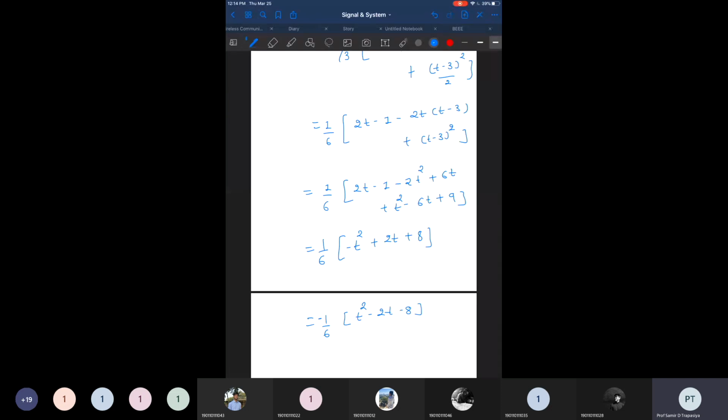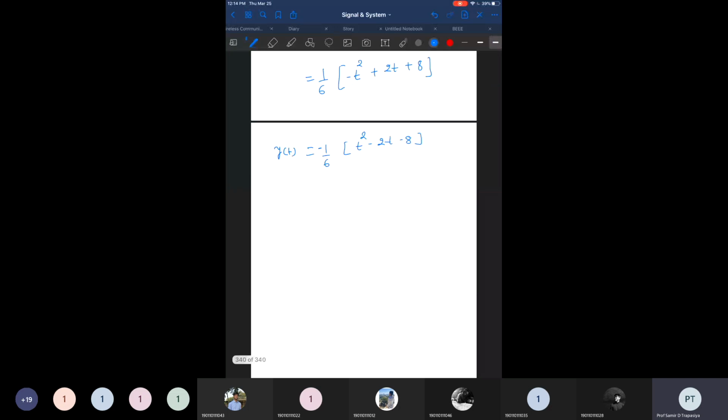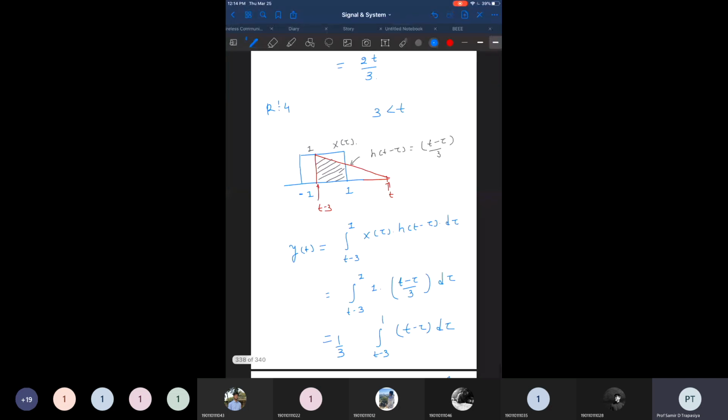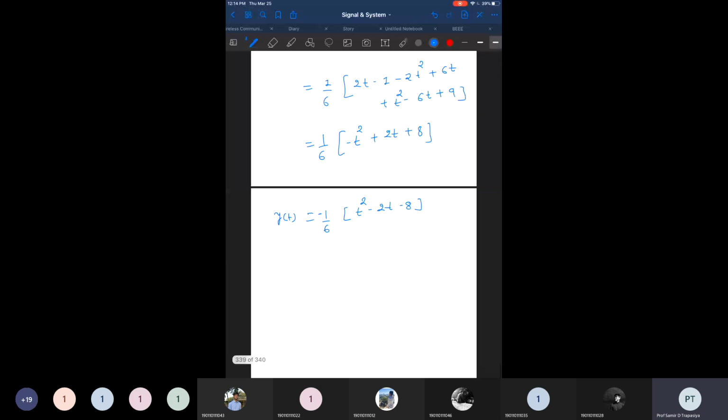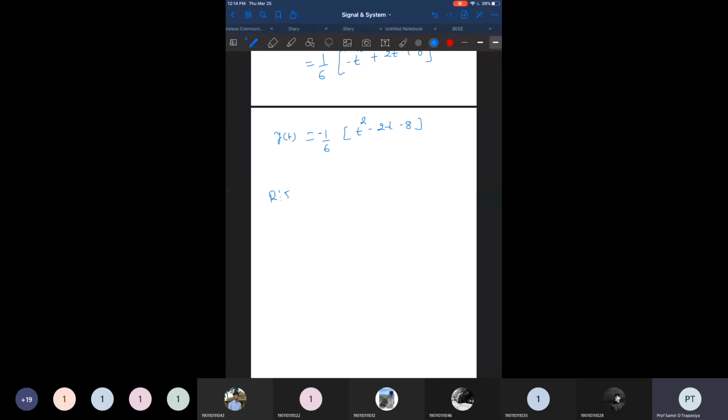Now if we go to the next region, the region number 5, where we may have this exist from -1 to 1, but at that time we are already left with the outside of this one, which is h of t minus tau. In this region, t minus 3 is crossing the boundary of 1, so it survives up to 4.